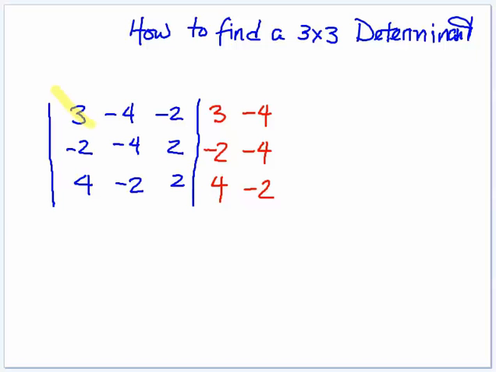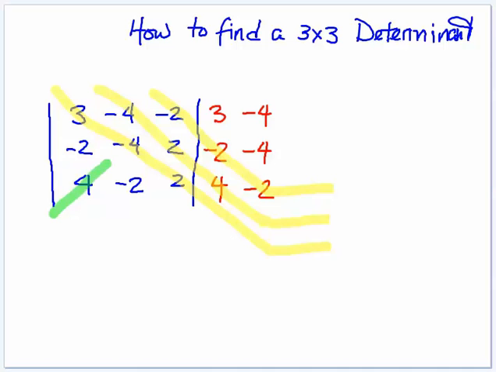Top left to bottom right gets these 3 numbers. And top left to bottom right gets these 3 numbers. And top left to bottom right gets these 3 numbers. We'll use another color here to illustrate the other direction.